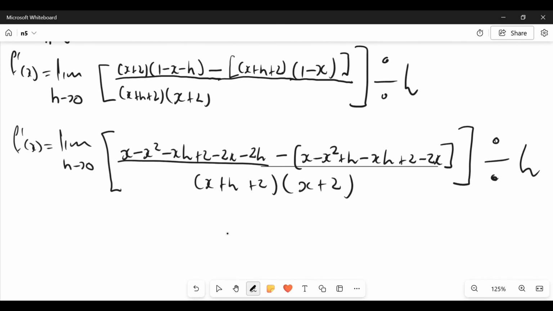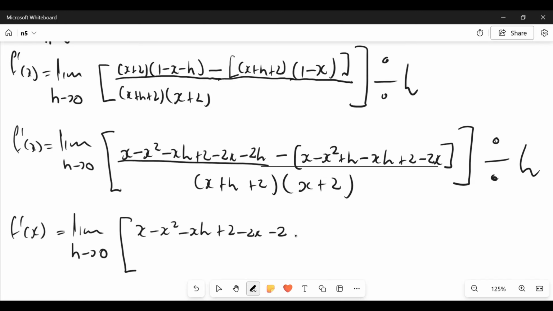Now here we have to remove the brackets, these ones here, by multiplying with the negative there, right? So let's do it. So f of x prime is equaling to limit h approaches 0. So we open the bracket. For the first one, we are fine. We have x minus x squared minus hx plus 2 minus 2x minus 2h, right? And then here we have to remove the bracket by multiplying with the negative.